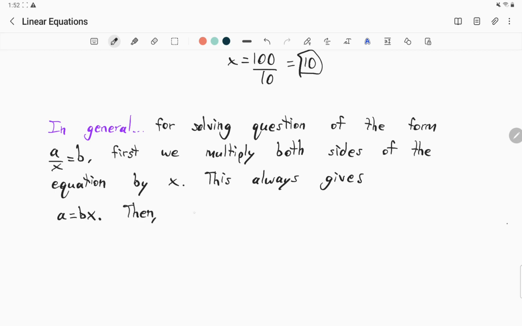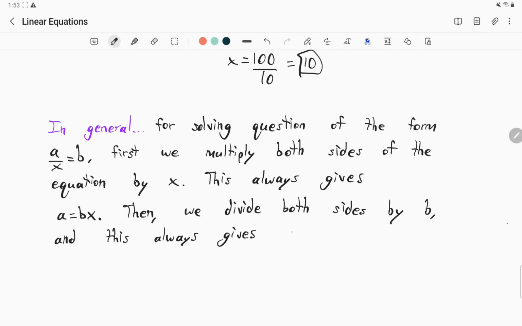Then we divide both sides by B, and this always gives X equals A over B. So this is always going to be your answer.